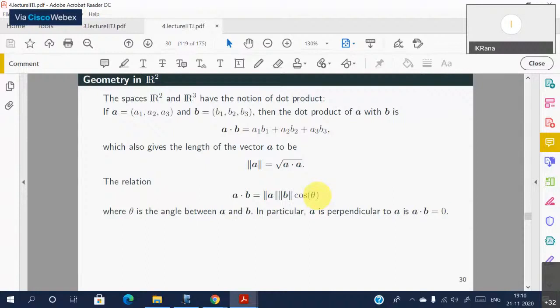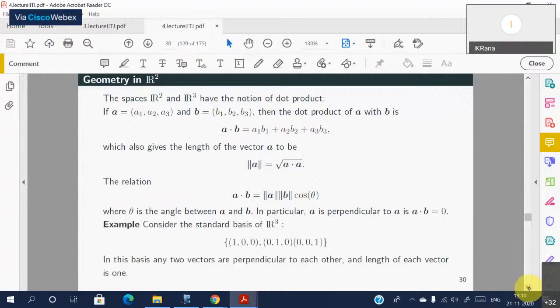So what we want to do is the following. Look at the standard basis, 100, 010, 001. This is a basis of R3, but it has a special property, namely 100 dot product with 010 is 0, and the dot product of any two of them is equal to 0.